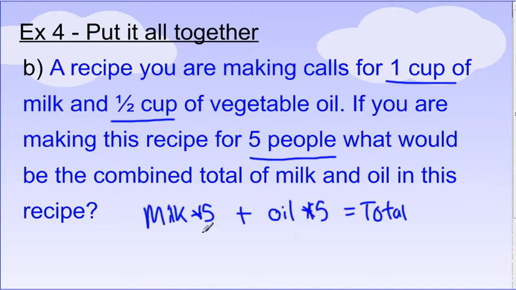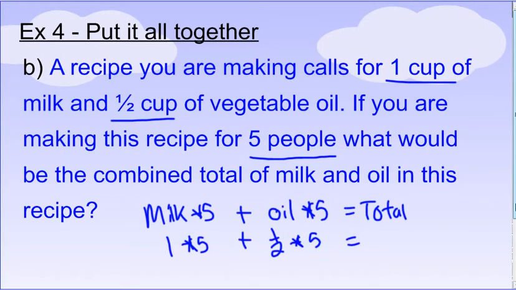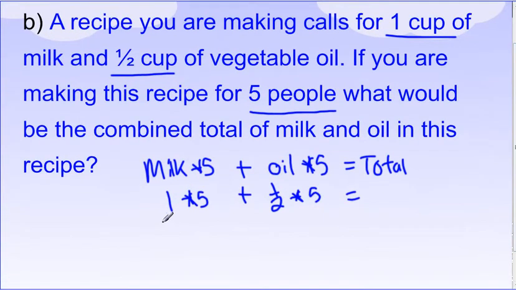Okay. Well, milk was 1 cup times 5. Oil is half a cup times 5, giving us our total. That total is 5 cups. That's easy. 1/2 times 5.